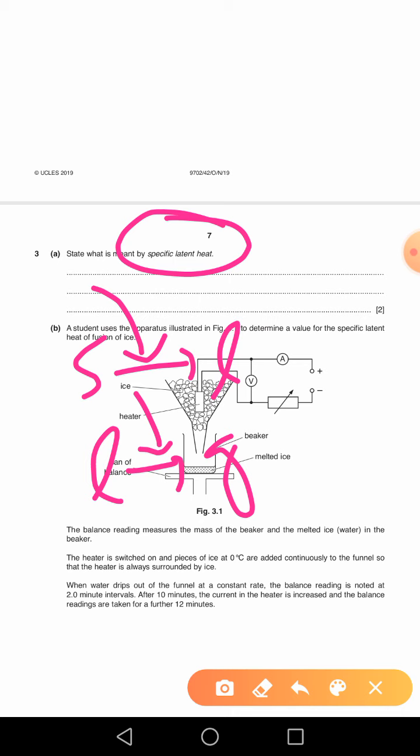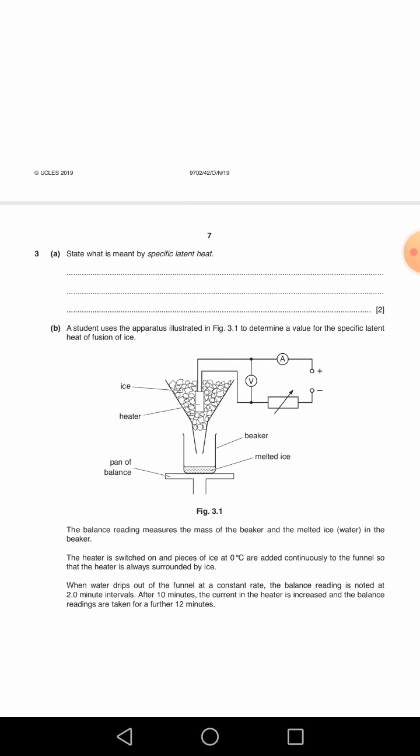Latent means actually hidden, because the heat energy you are supplying does not cause a change in the temperature of the substance. Rather, it changes the potential energy of the particles. So that's why the heat appears to be hidden, and that's why the amount of heat supplied during the change of state is known as the latent heat.